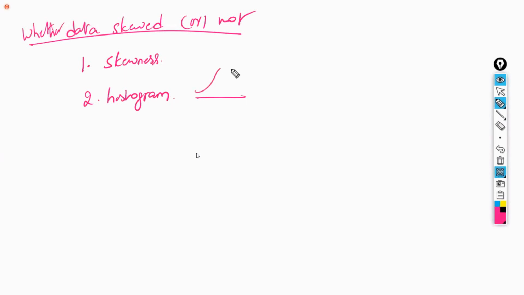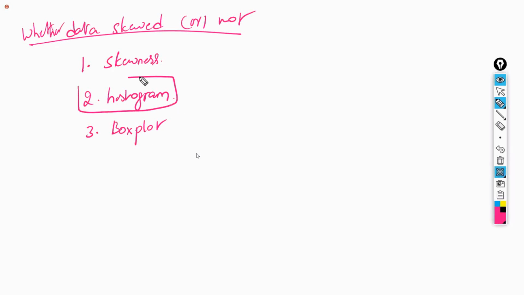From the histogram we say left skewed or right skewed based on the curve. And the third one is by using the box plot. Three options are there. At the end, everything gives the same answer.